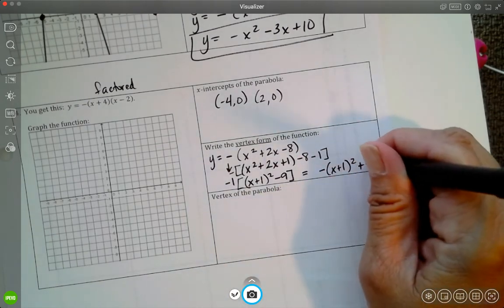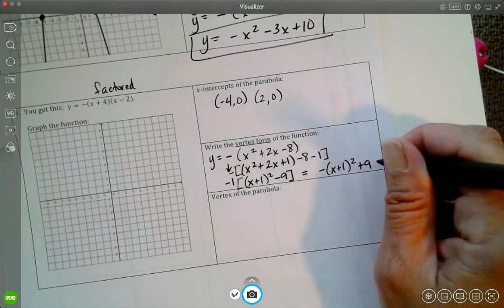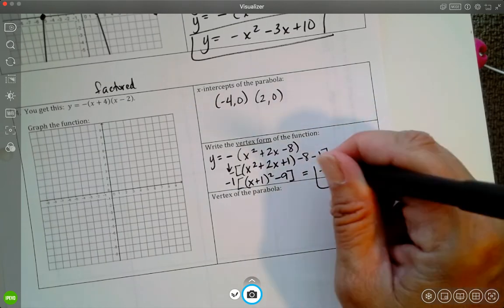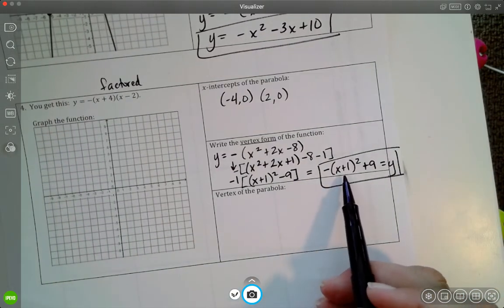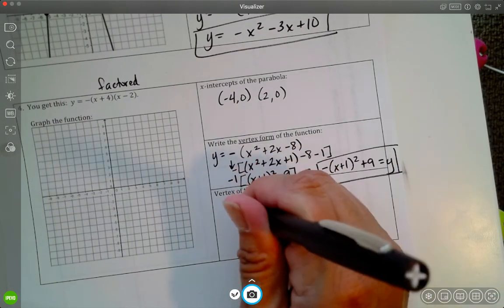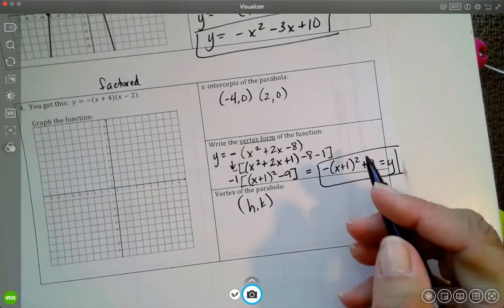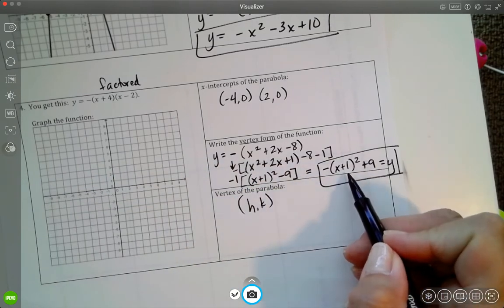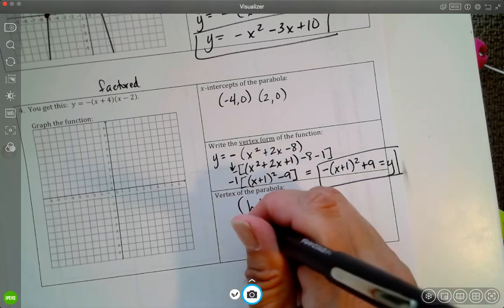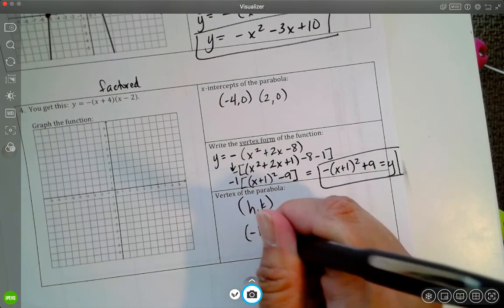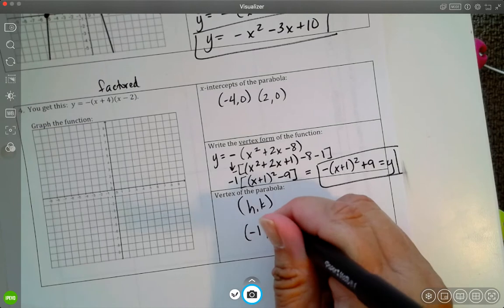Okay, so here's my vertex form. And the vertex is really obvious from vertex form, right? H, K. So H is -1. Remember, it's the opposite of whatever's here. So -1 and positive 9. -1, 9.